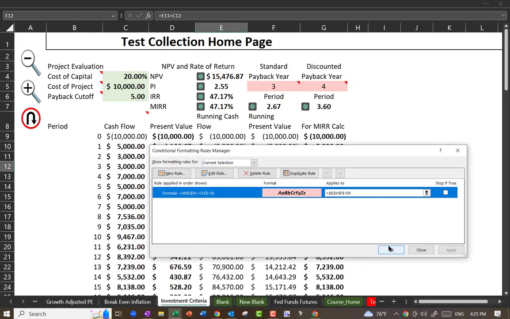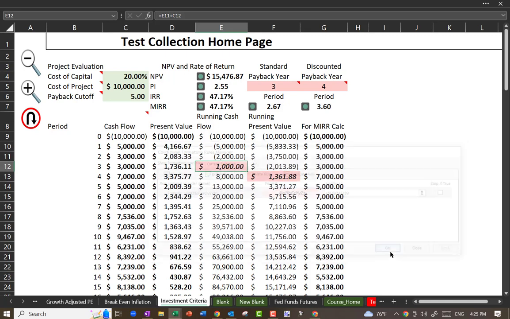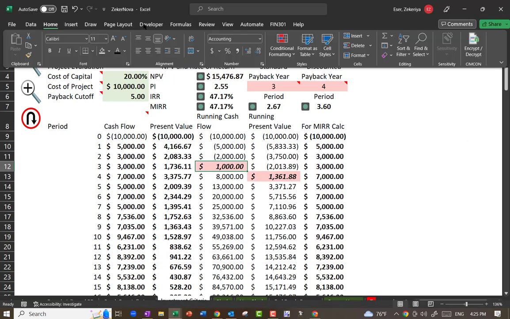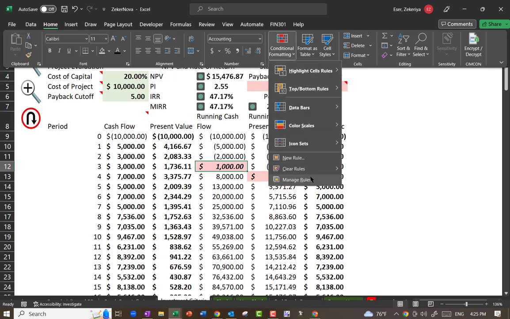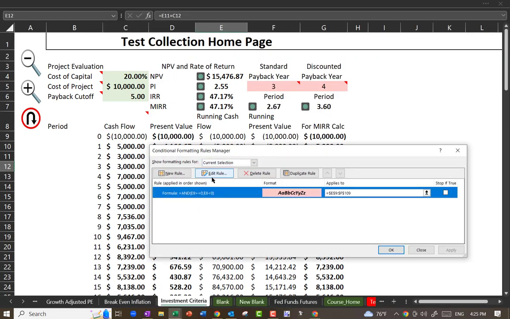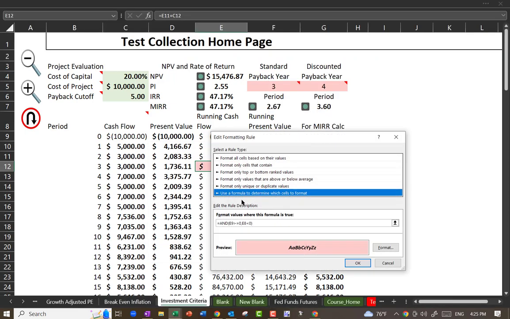Come on, I'm about to say edit rule. Oh, use a formula. Okay. My eyes didn't let me see it. Okay.